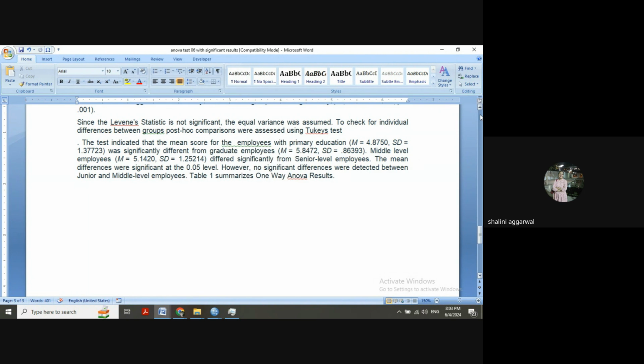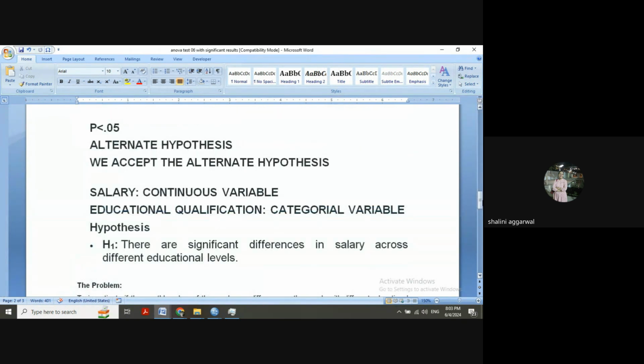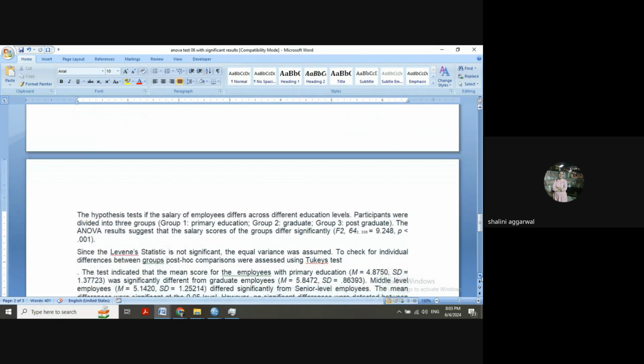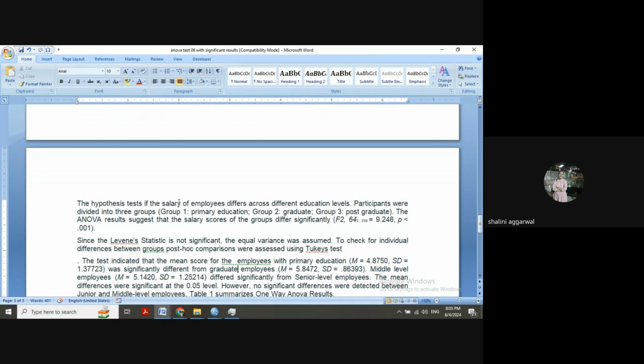It will help you in writing your analysis part. The hypothesis: if the salary of employees differs across different educational levels, participants were divided into 3 groups: primary education, graduate, and postgraduate. ANOVA test suggests the scores of this. So it is to be written like this.